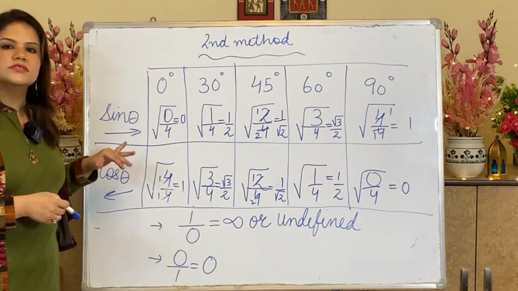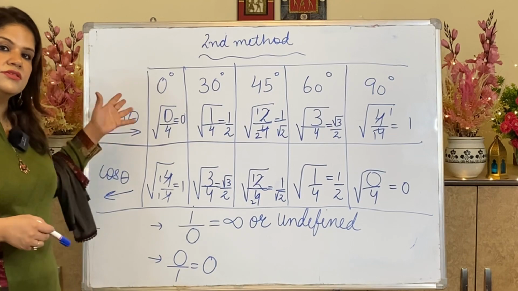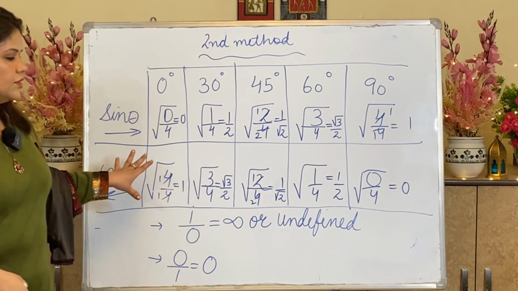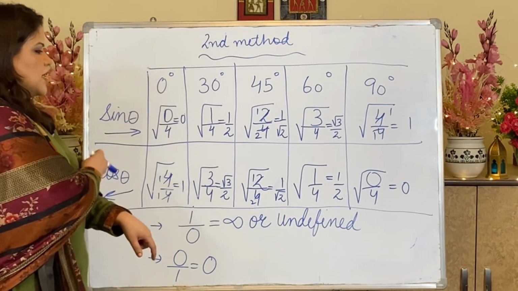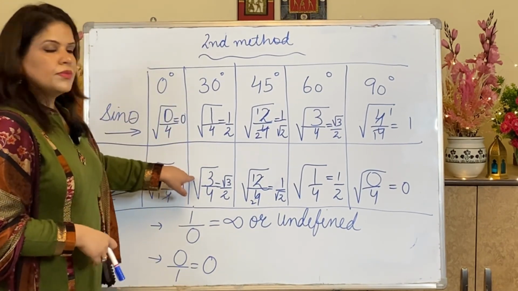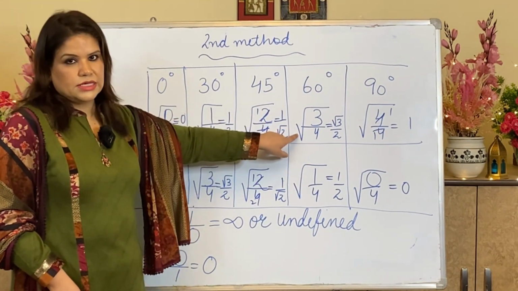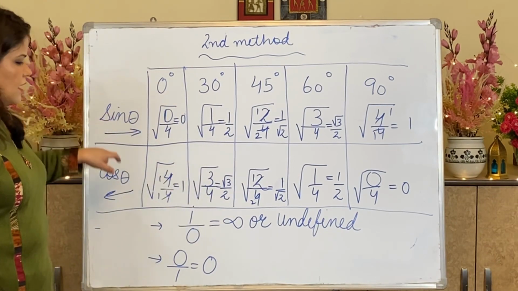Because sine and cos are co-functions of each other. So sine theta is cos of 90 minus theta. That we have done in one of my videos. That's why this value of sine at 30 degree is the same as whatever we are getting for 60. So that's the way of writing the values of sine and cos.